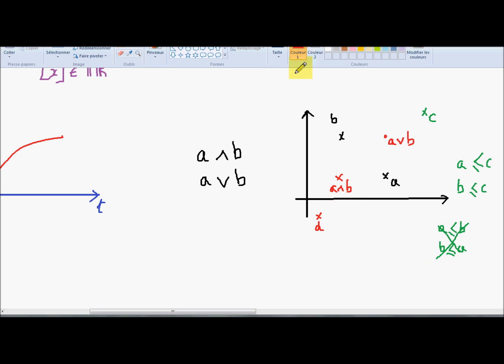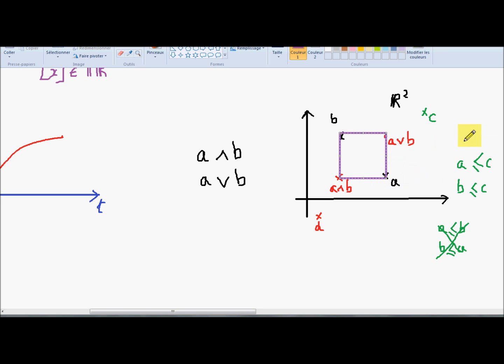So if you prefer, R2 is a lattice. Here, of course, I am working in R2, but I can define the smallest box which encloses A and B, like this one.